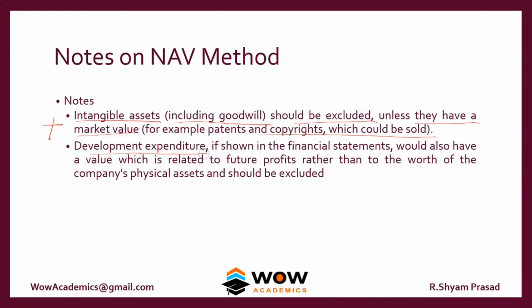Development expenditure, if shown in the financial statements, could also have a value which is related to the future rather than to the worth of the company's physical assets. Hence, it should be excluded. So, if there's any development expenditure, then that value should also be excluded.